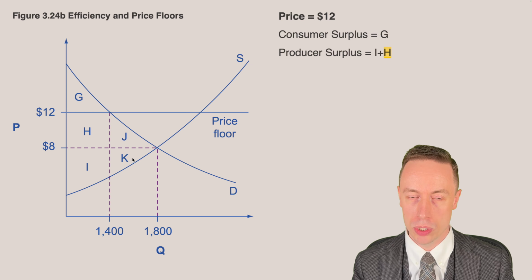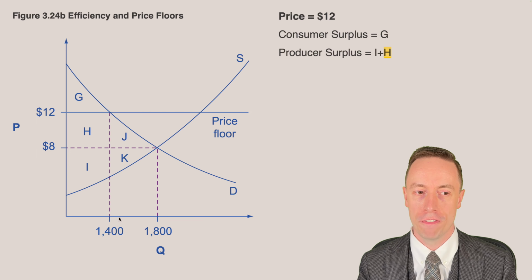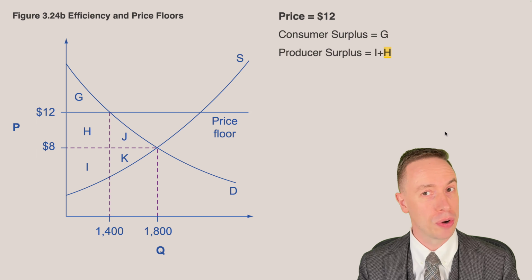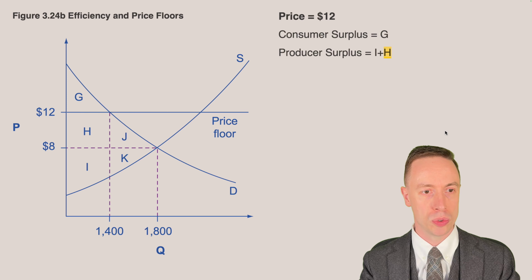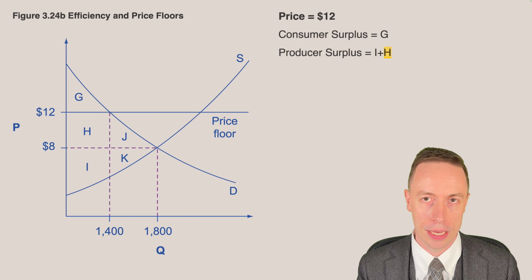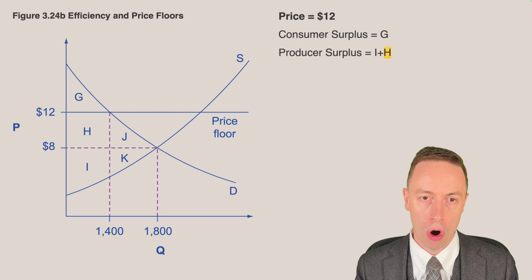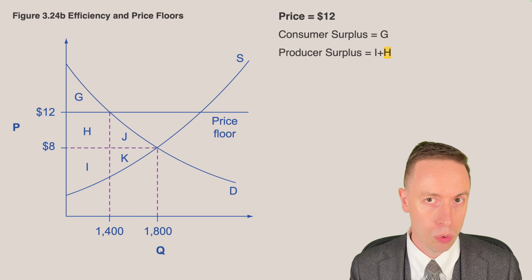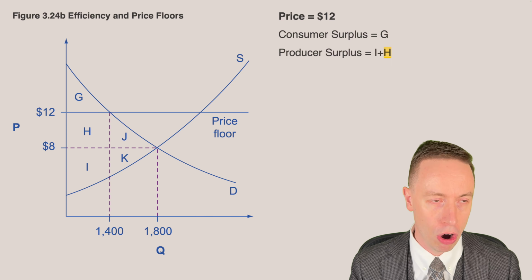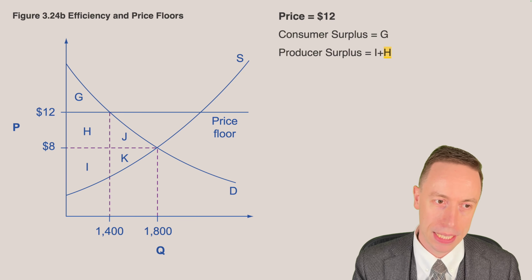Area K was associated at the $8 price with these next 400 units. Those don't get sold anymore. No producer surplus there. Producers lose area K. However, as is the case in this picture, often a price floor will make producers better off, unless we set it really, really high so that they can barely get any sales anymore.